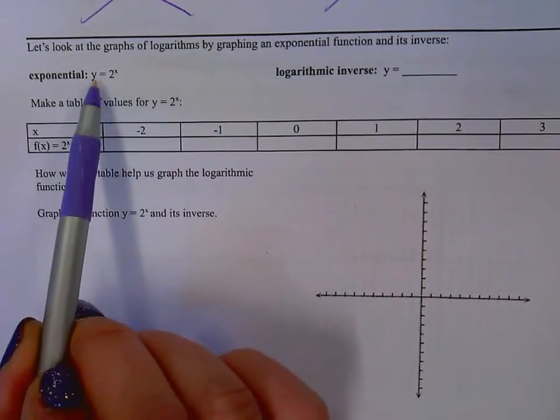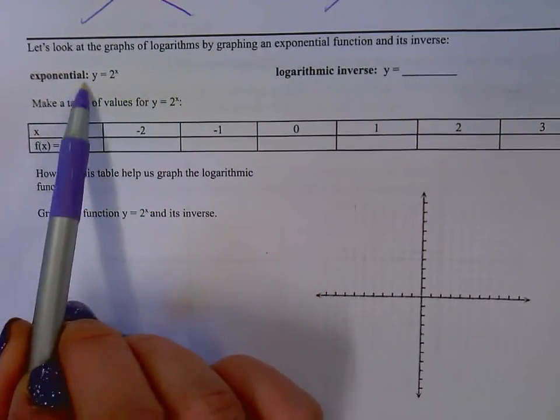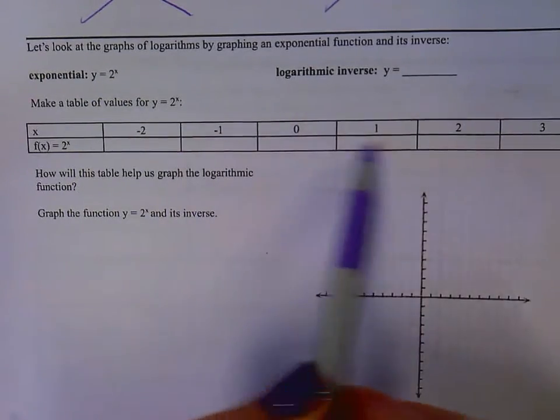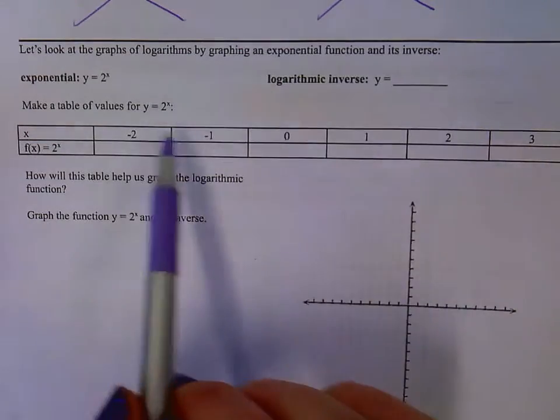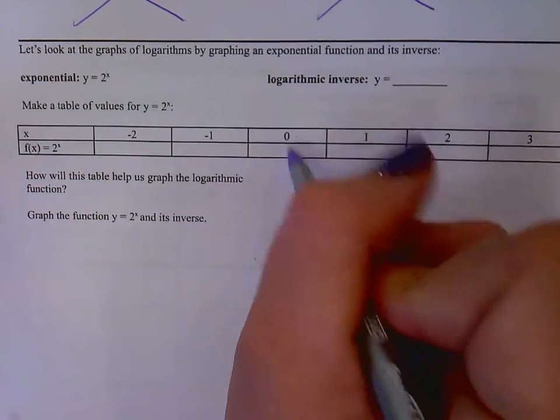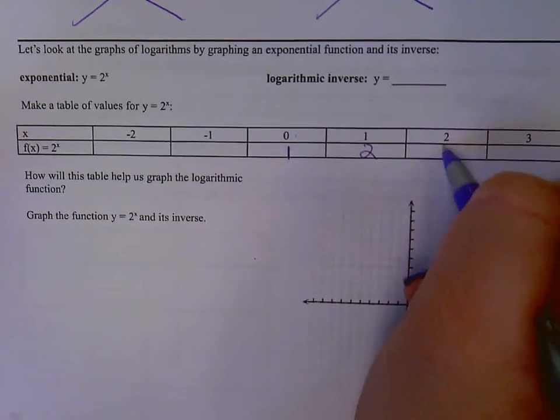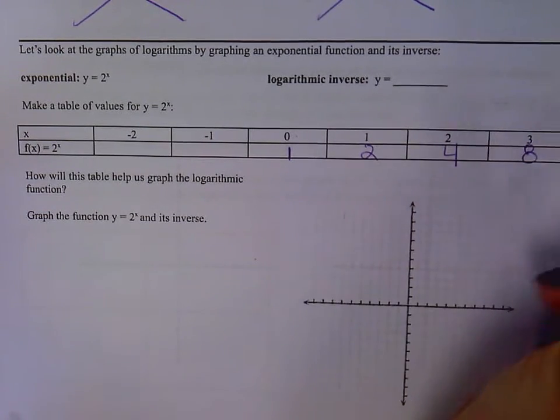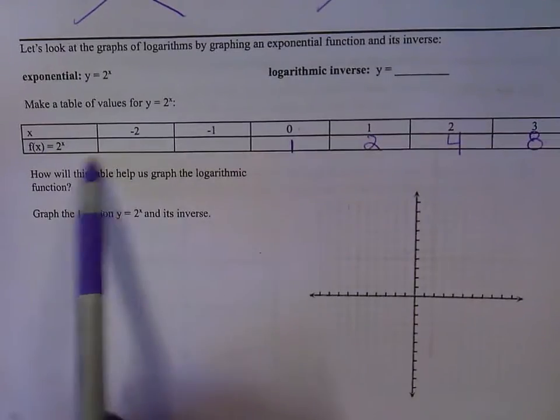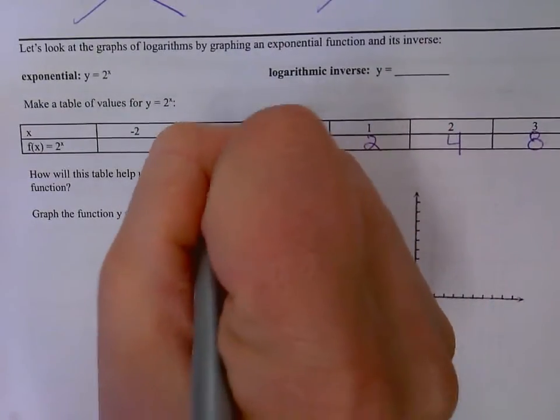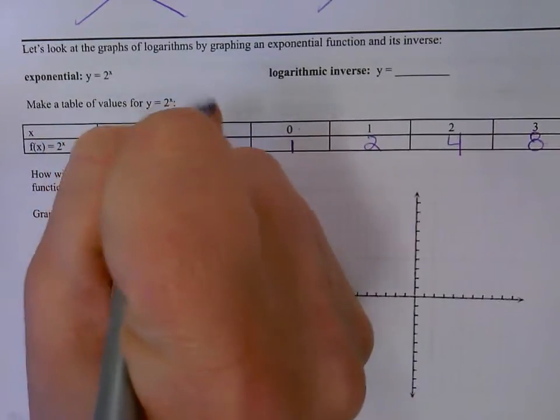So if you can make a table of values for 2 to the x, this is just going sideways, but this is our normal table, right? 2 to the 0 power is always 1. 2 to the first is 2. 2 squared is 4. 2 cubed is 8. And then if I go in the opposite direction, they just become reciprocals, right? 2 to the negative first is 1/2, and 2 to the negative second is 1/4.